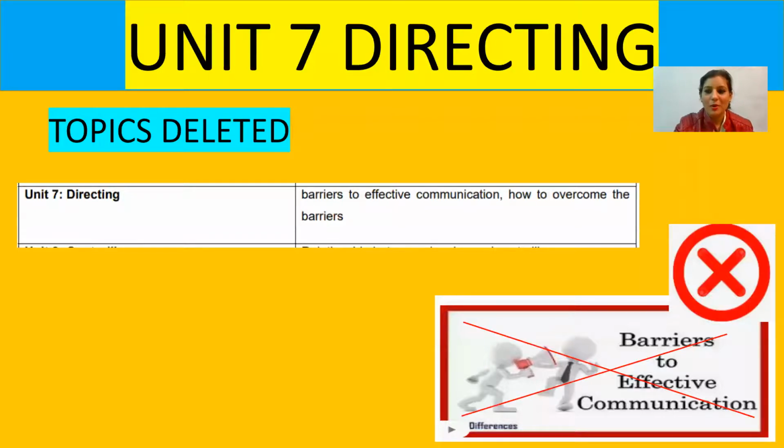And the important topic from this chapter is elements of directing. SMLC: supervision, motivation, leadership and communication. Supervision is not in the syllabus. Motivation, leadership and communication are in our syllabus. Why is motivation important?